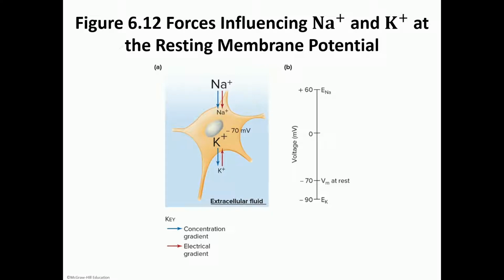Knowing potassium has more leak channels, knowing that sodium is pulled into the cell through both the concentration gradient and electrical gradient, while in the case of potassium, the electrical gradient is pushing it into the cell, while the concentration gradient wants to push potassium out of the cell.